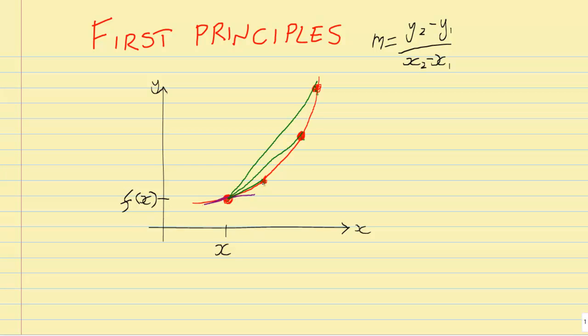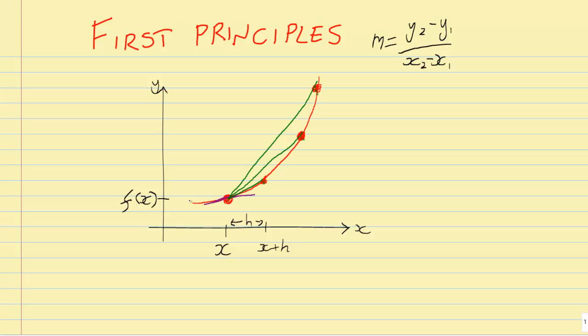So we're going to have another point, and I'll just make the point over here, for example. And the x value of this point is going to be the same as this x, plus just some random amount, and we'll call that h. And what h is representing is this distance here. This is h. Now, given what we said before about those points, you should be able to work out that the smaller h is, the more accurate our measurement's going to be.